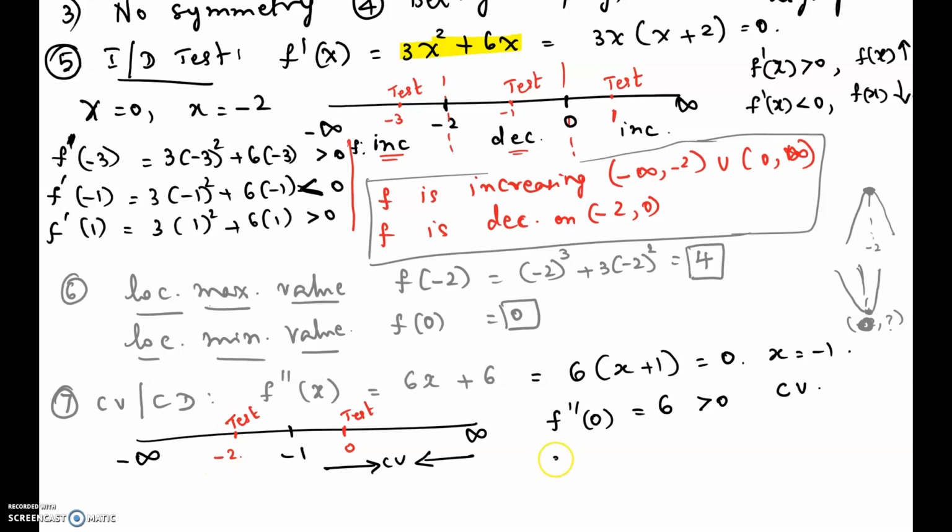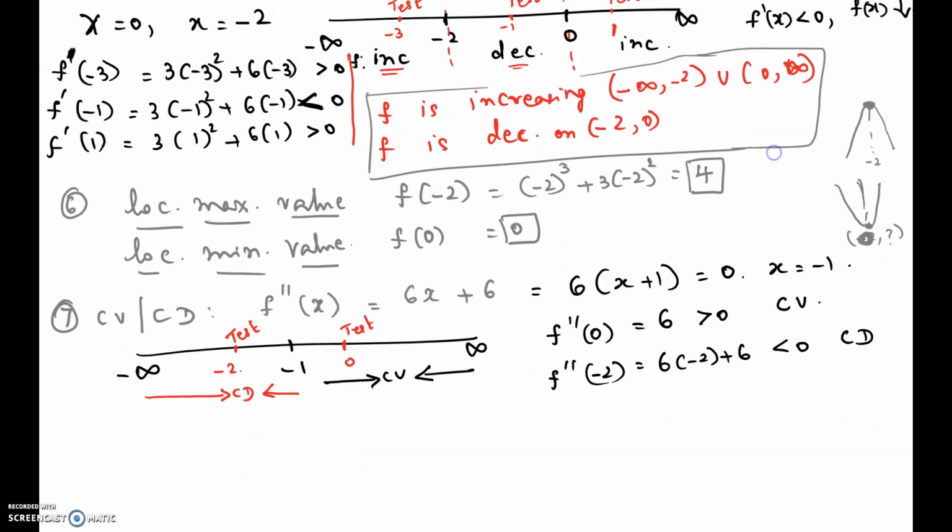Then we take -2 as the test point on the interval -infinity through -1. F double prime of -2 would be 6 times -2 plus 6, which will be negative, which is concave downward. So in this interval, -infinity through -1, it is concave downward.